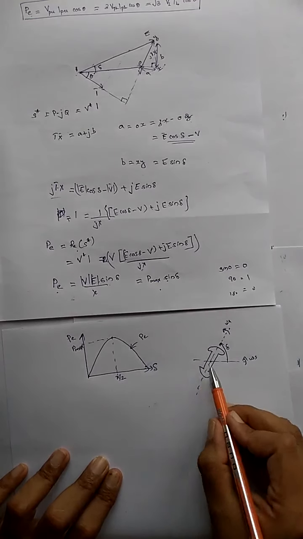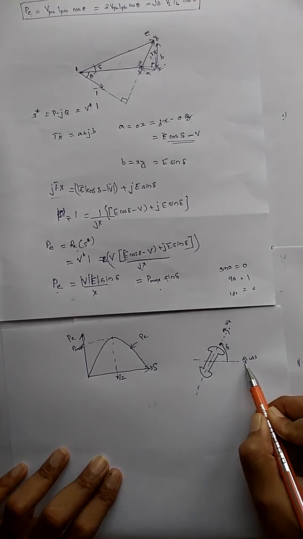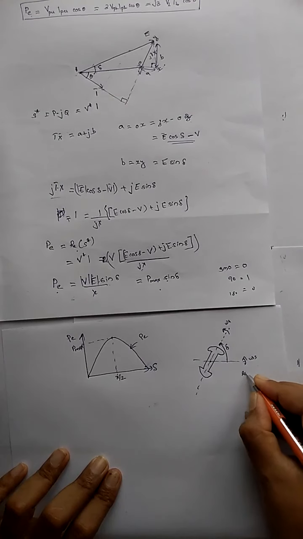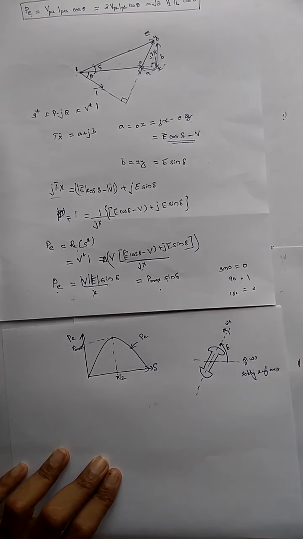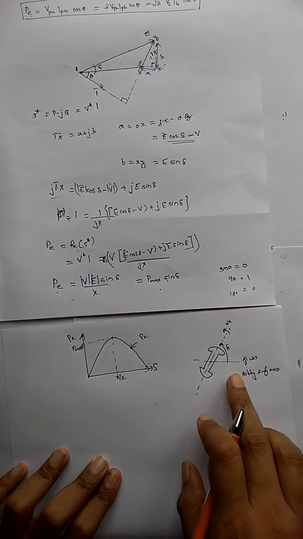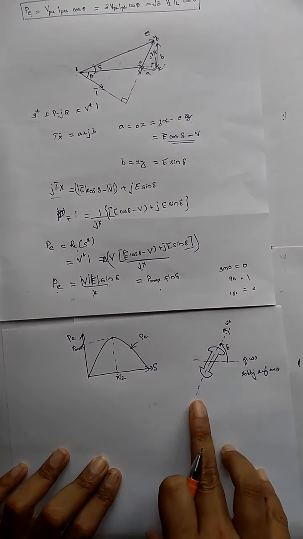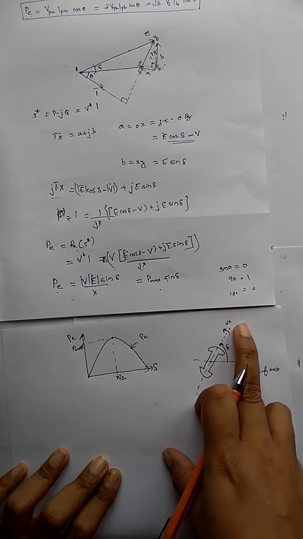Omega s is the rotating reference axis of that synchronous machine, and this is the present axis of rotation.